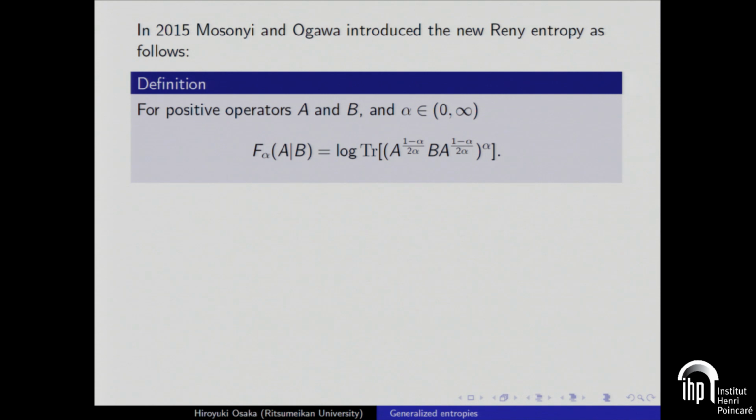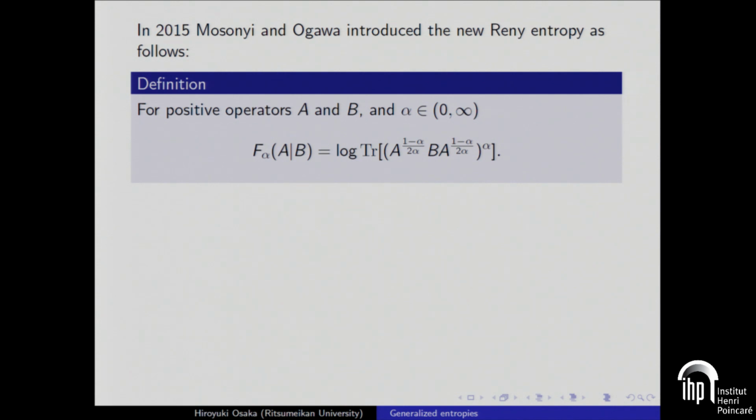Another one is that Mosonyi and Ogawa introduced new Renyi entropies, which Hiai explained a little in the morning session. Okay, this is the new Renyi entropy. Why is it new? If A and B commute, in this case this is the alpha power, so this is the standard Renyi entropy. Mosonyi and Ogawa checked the permanence properties of F alpha, like monotonicity, positivity, and another one, three standard properties.